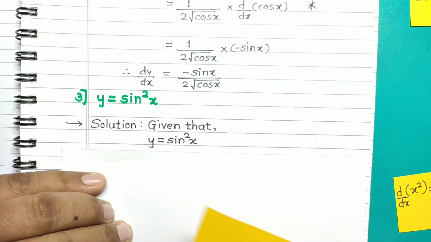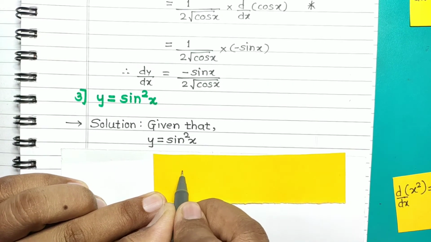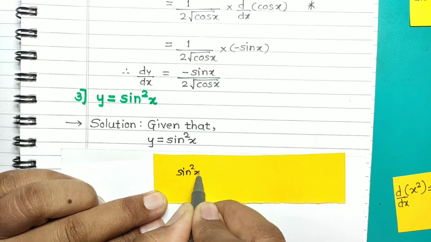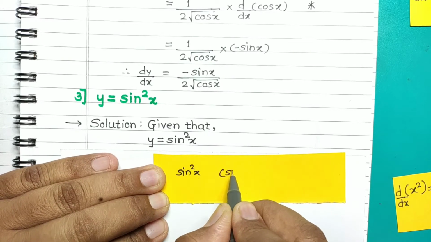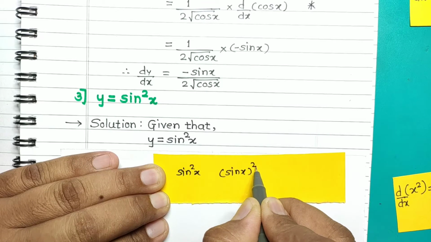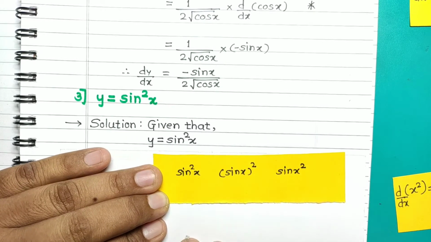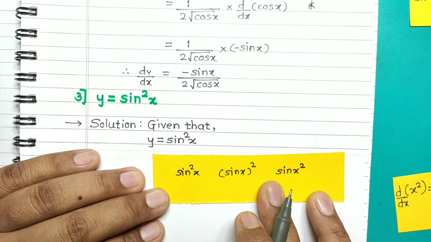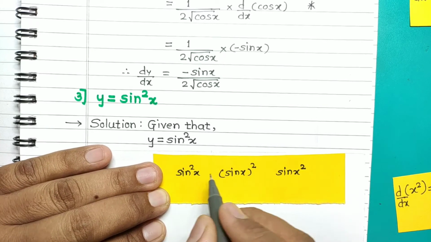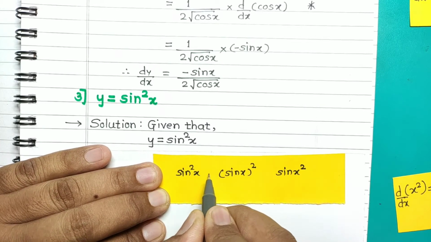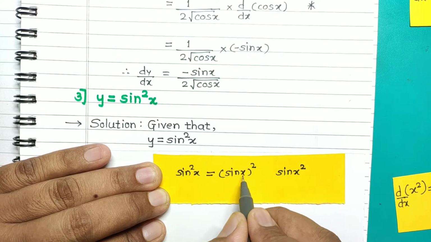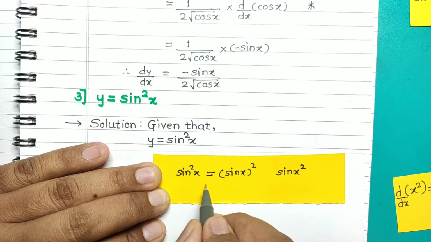See here, the term sin square x, then the term (sin x) bracket square, and the term sin x square. So think over these three terms. See, sin square x is same as (sin x) bracket square.